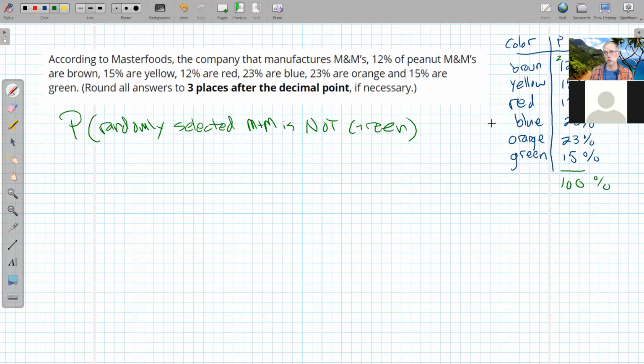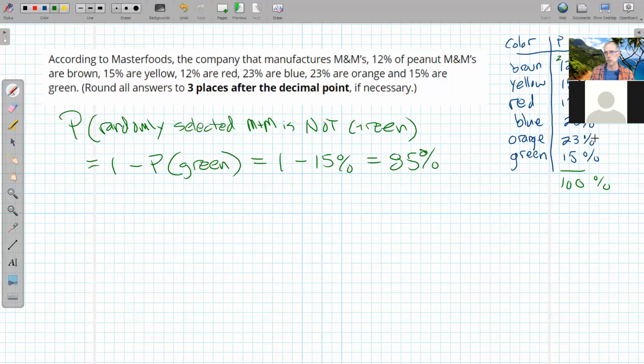One way is to just add up all the not green probabilities. The other is to use the idea that I talked about two days ago, that the complement of green is not green. So that's equal to 1 minus the probability that it is green, which would be 1 minus 15%, which would be 85%.